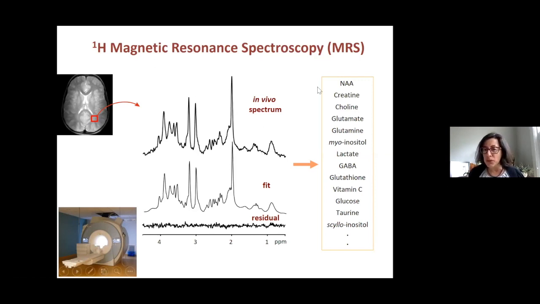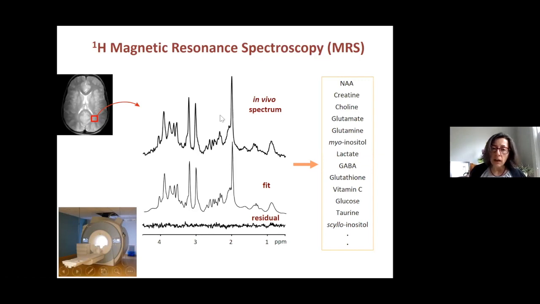For example, this one is N-acetyl aspartate, the most widely validated neurochemical to be a marker of neuronal health. But then we have other neurochemicals like creatine, phosphocreatine, choline, etc. We have neurotransmitters that we can access and quantify, such as glutamate and GABA. We have some antioxidants, glutathione, vitamin C, etc.